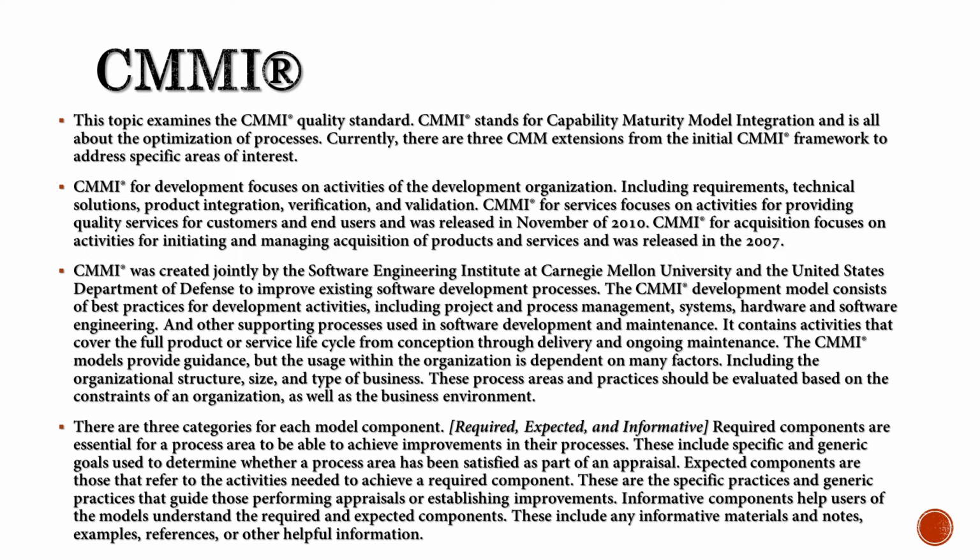These are the specific practices and generic practices that guide those performing appraisals or establishing improvements. Informative components help users of models understand the required and expected components. This includes any informative materials and notes, examples, references, or other helpful information.